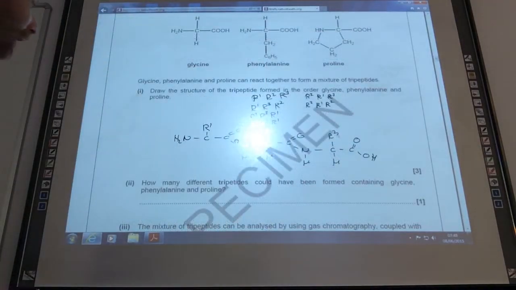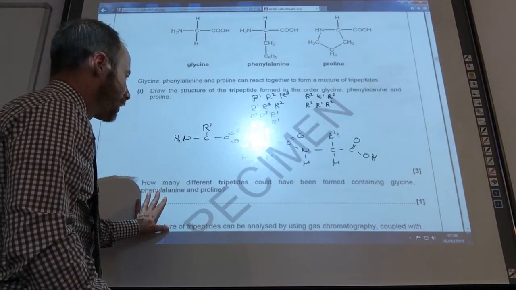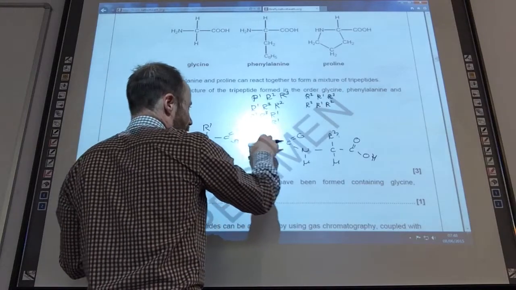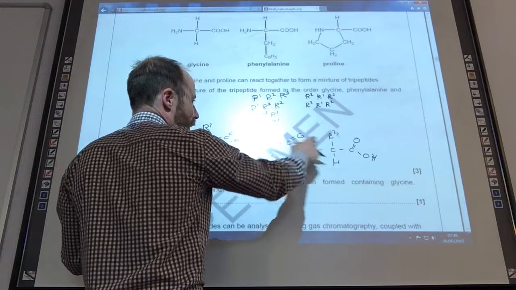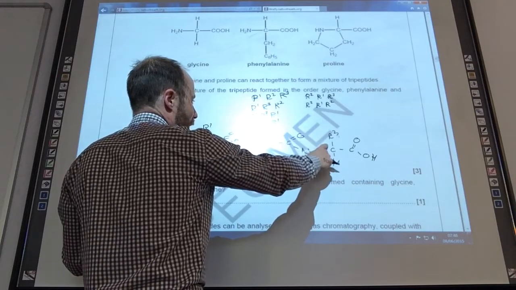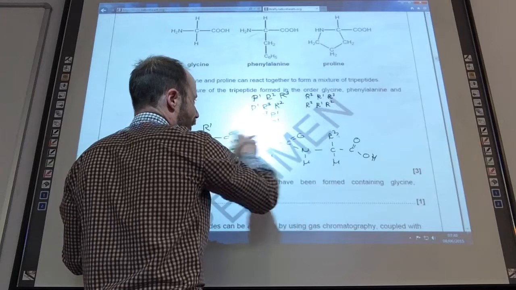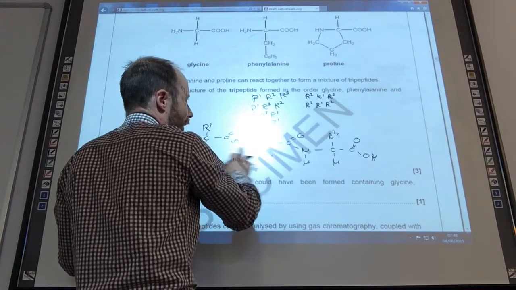Right, for the next one, it wants me to identify how many different tripeptides could be formed. What I've done is a simplified diagram where I've just put R1, R2, R3. So that's the first one. The next one I could swap those two around. Then I could put R1 from this end onto this end and swap these two around. So that's become R2 and R3 going on.